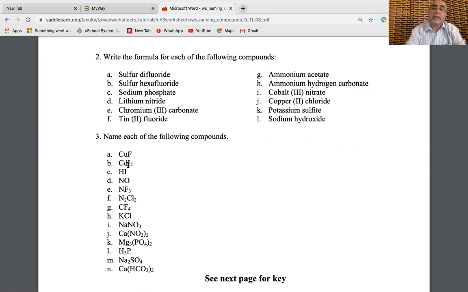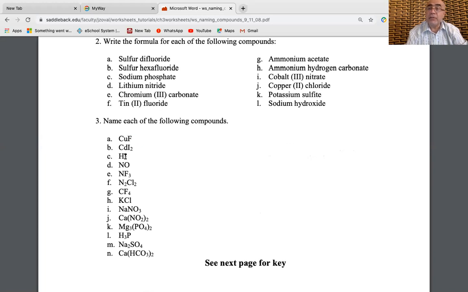Now Cd, cadmium, I, iodide, cadmium(II) iodide, or cadmium diiodide, or cadmium iodide. Hydrogen iodide. Nitrogen monoxide, or nitric oxide.